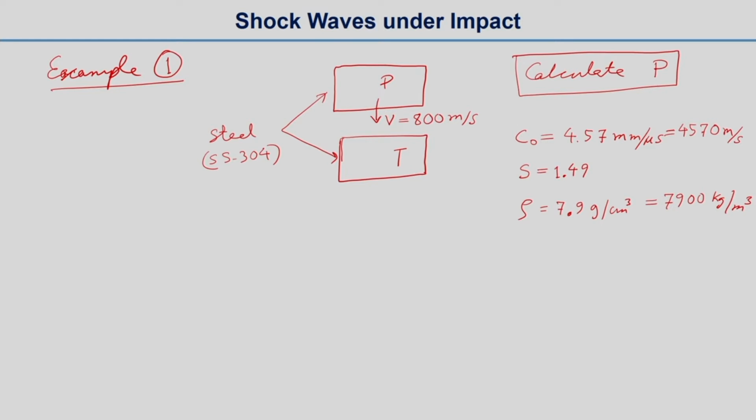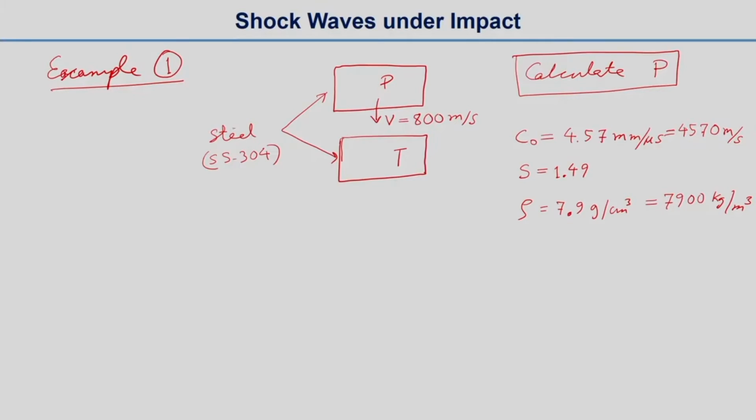Before calculating the pressure, we need the particle velocity. In the last lecture we derived that for an impact where the projectile and the target are the same material, that means steel in both, the particle velocity UP will be equal to half of V, the impact velocity.